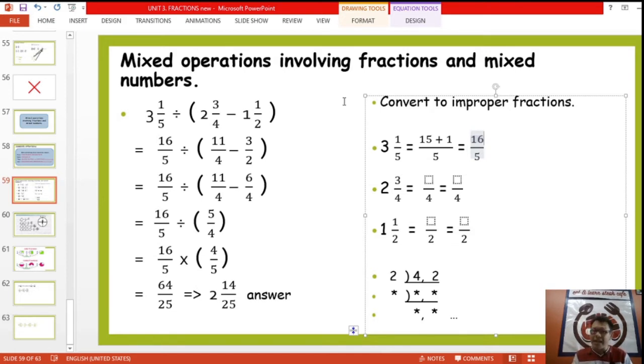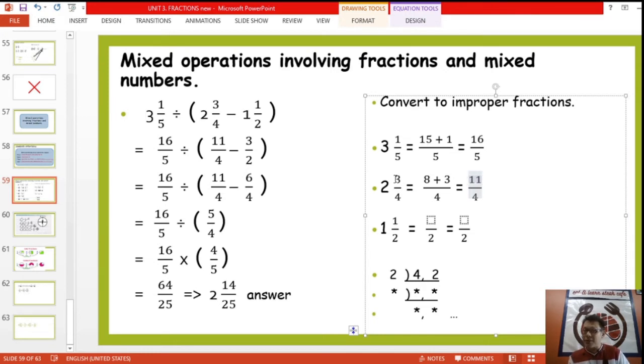Now after this mixed number, we deal with the next mixed number. As I said, convert first all the mixed numbers into improper fractions. So look at 2 and 3/4. Multiply again the denominator to the whole number. 4 times 2 is 8, plus 3, the numerator. Your result there will be 11 over 4.